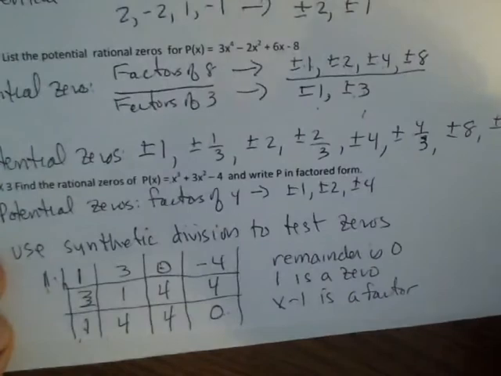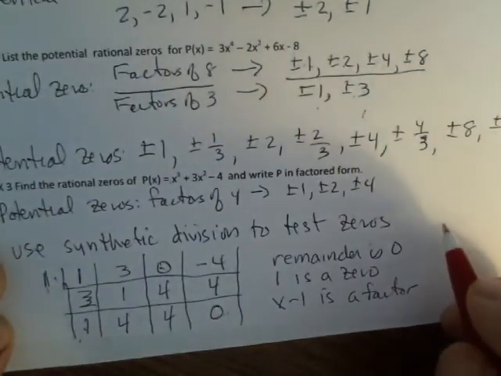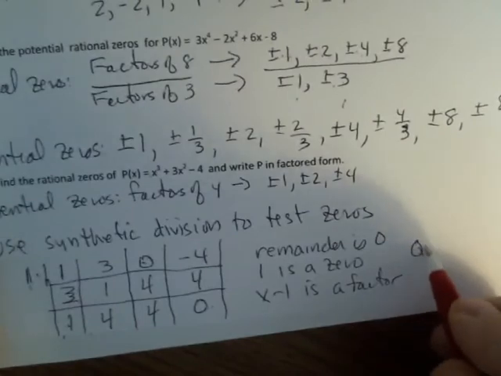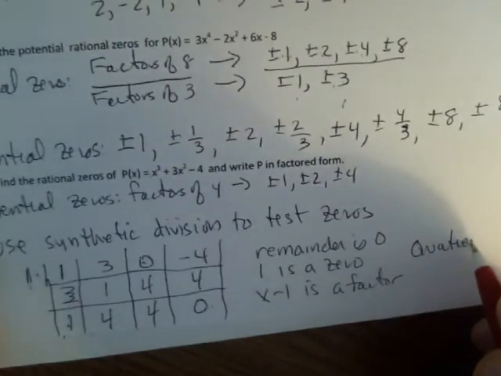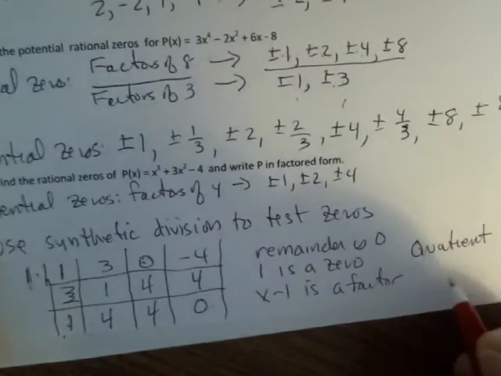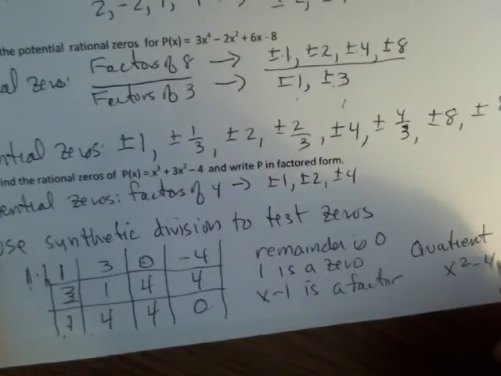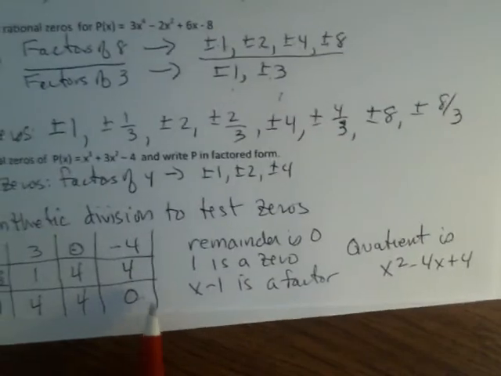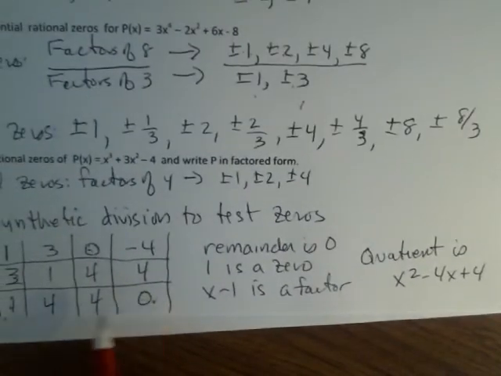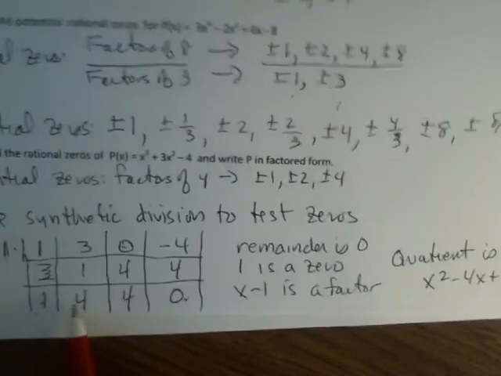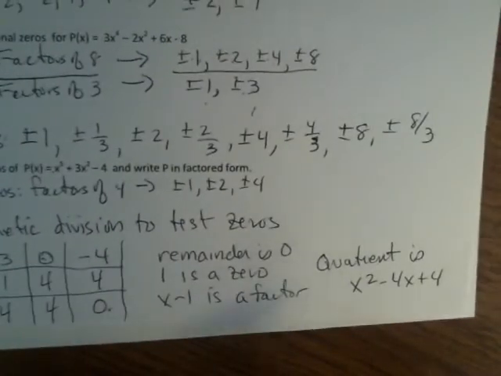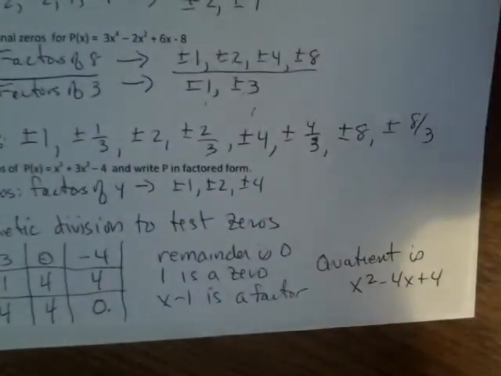So x minus 1 is a factor, and my quotient is x squared plus 4x plus 4. Again, I get that from this: my constant term, coefficient of x term, coefficient of x squared term. All right, so what does this tell us?